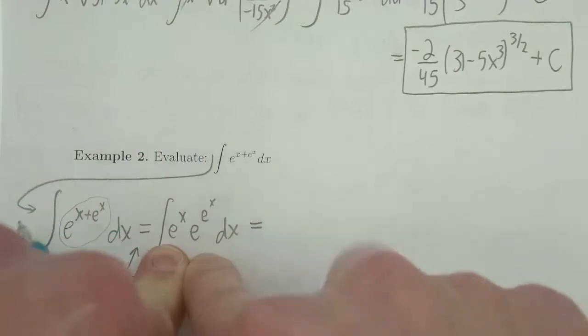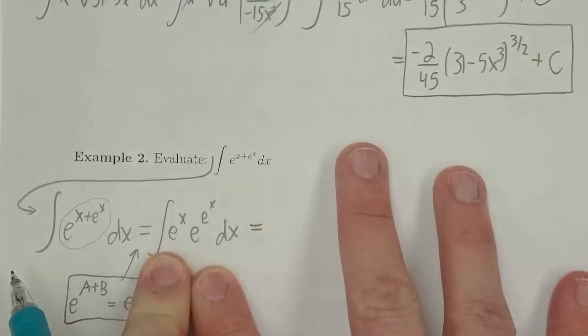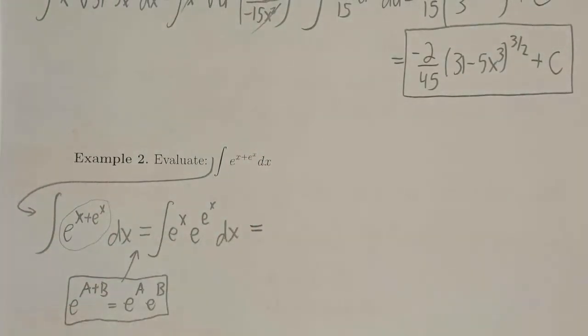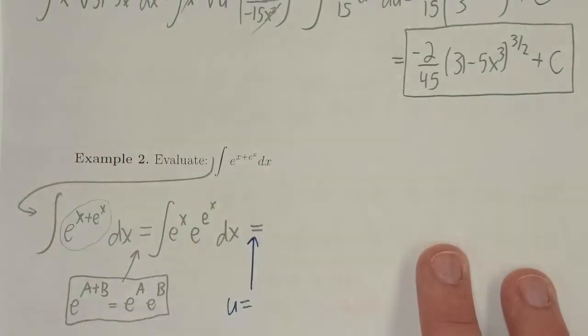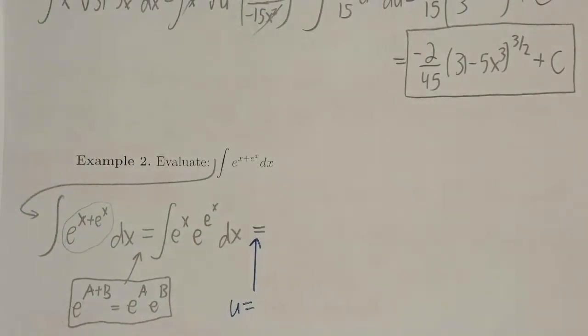So, using this way to express the integral here, and recalling the rule for choosing u, what would be a good way to express u here? Any thoughts, comments, or suggestions? What would be our u variable here? Well, not quite.